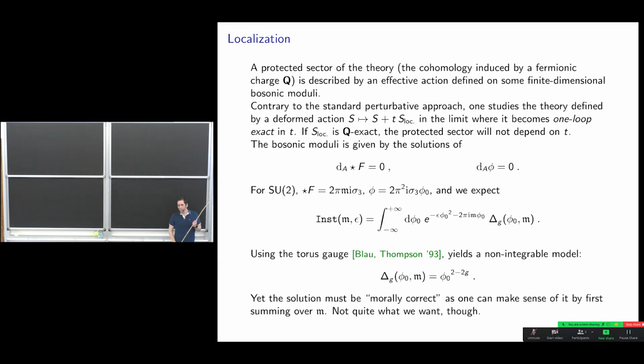And yet, morally, it must be the right answer because people proposed this, and what they say is, well, forget about the integral for a second, perform the sum first. If you perform the sum first, you see now that for some reason delta does not depend on m, so the only thing that you're summing is this complex exponential.